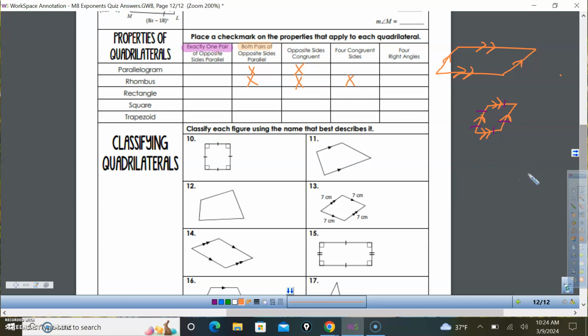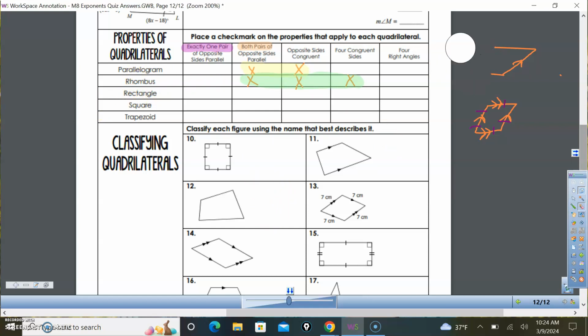So a rhombus is just a little bit more specific type of parallelogram. You will see that a parallelogram only has two boxes that are checked. Well, with a rhombus, now we're getting to a more specific type of shape, so we've got three boxes checked because it also has those four congruent sides, but it does not have the four right angles. So we're going to leave that one blank.